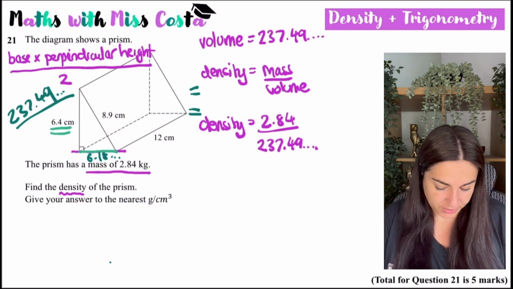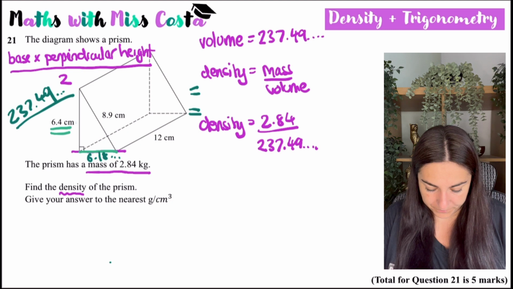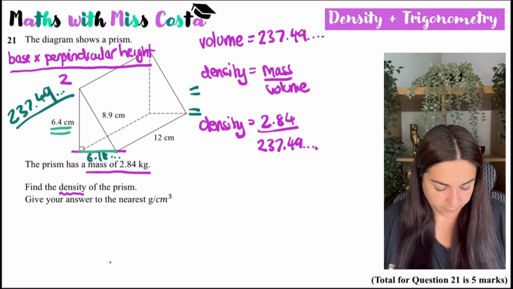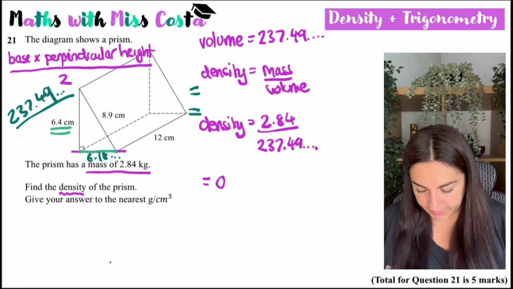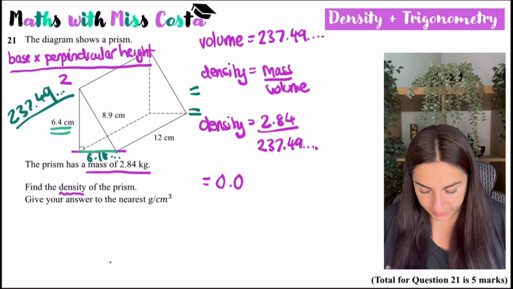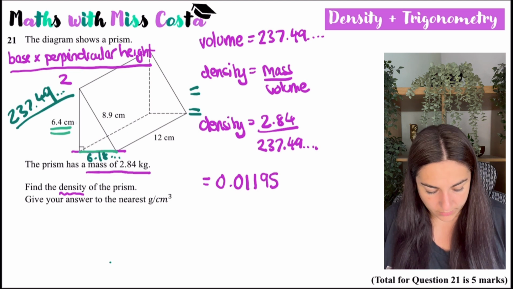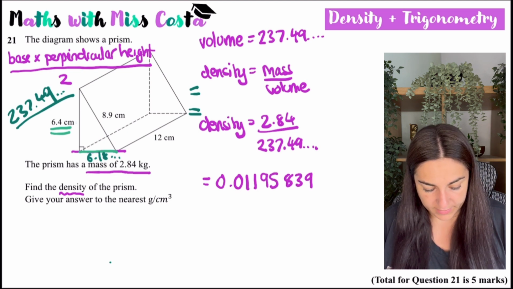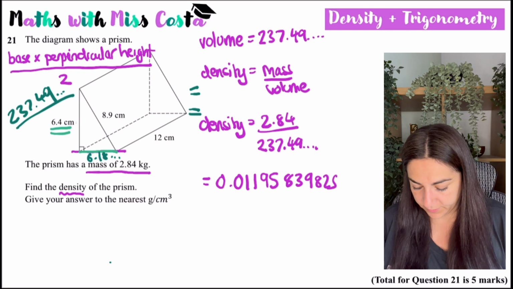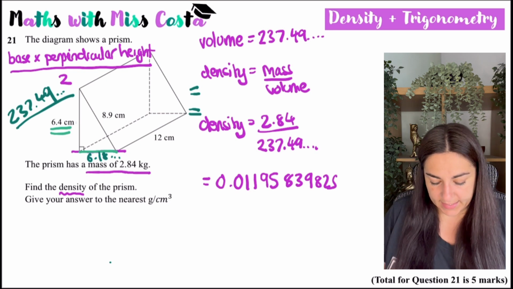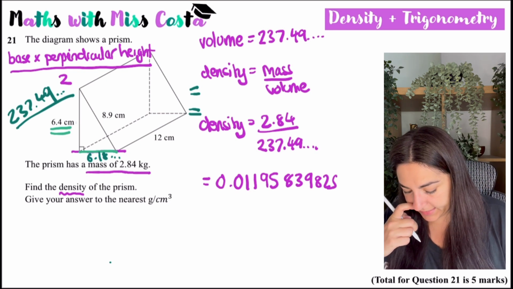So I'm just going to do 2.84 divided by 237.49, which is 0.01195839825.